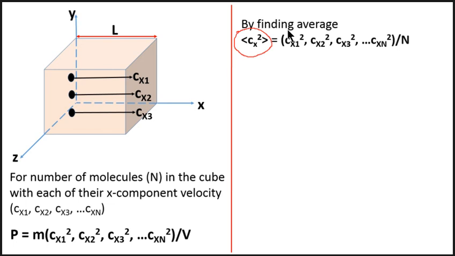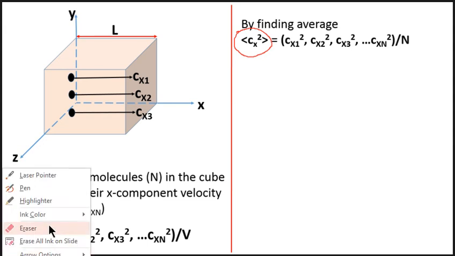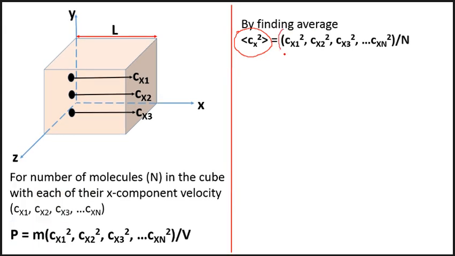All I need to do is, wherever I see this, I will be substituting the mean square velocity times the number of molecules. Because if I make this the subject of the formula, then I will end up getting this times this.